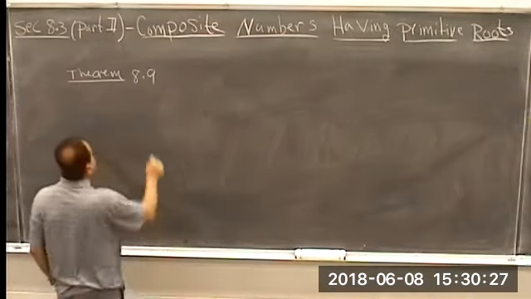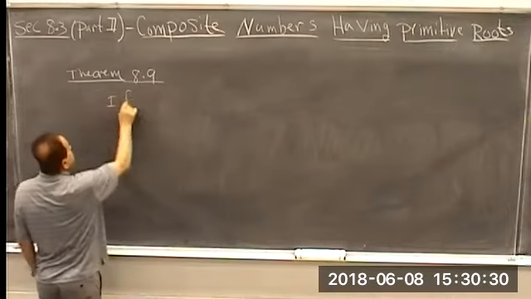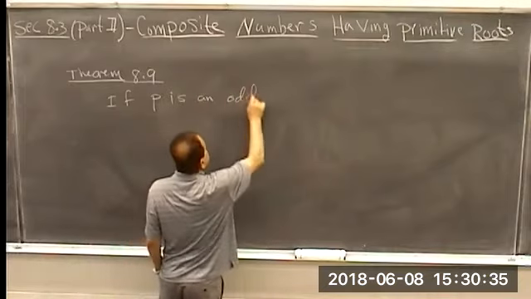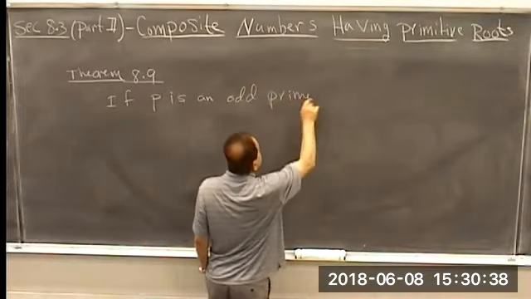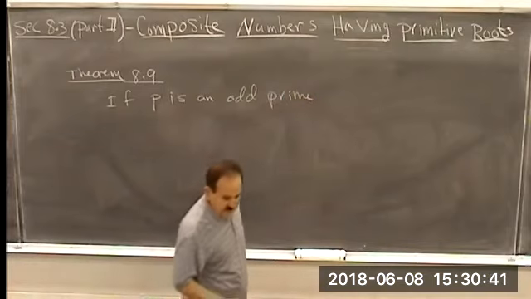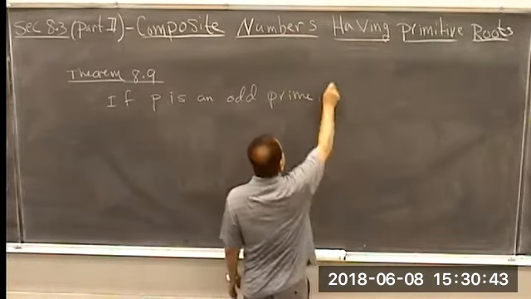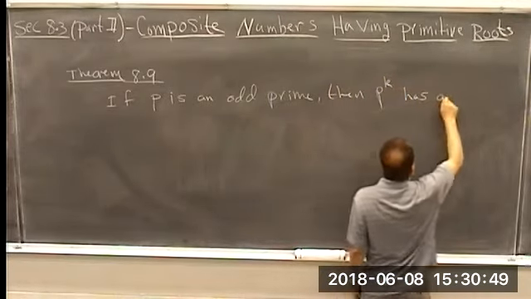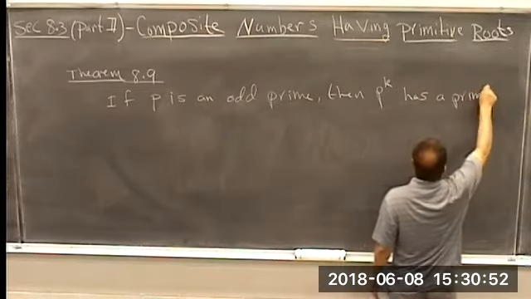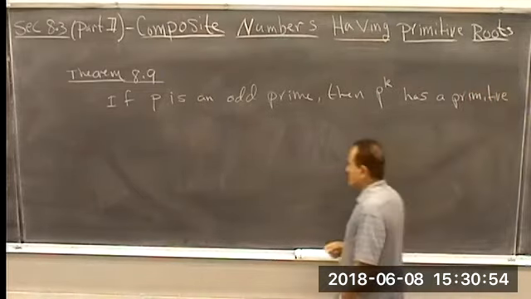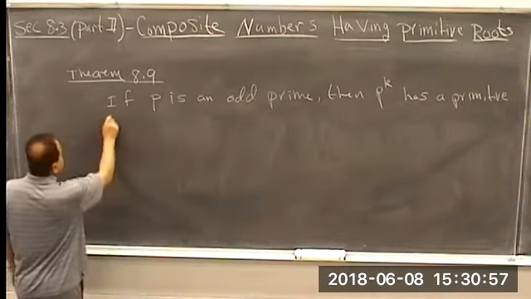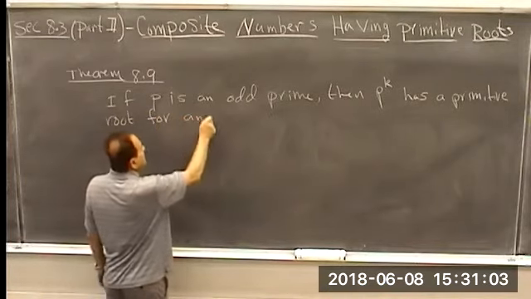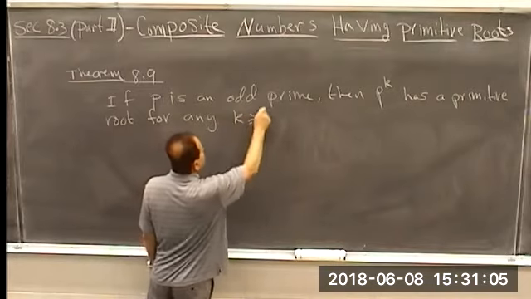If p is an odd prime, then p to the k has a primitive root for any k bigger than or equal to 1.